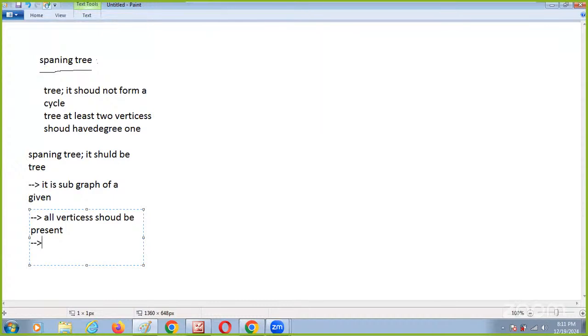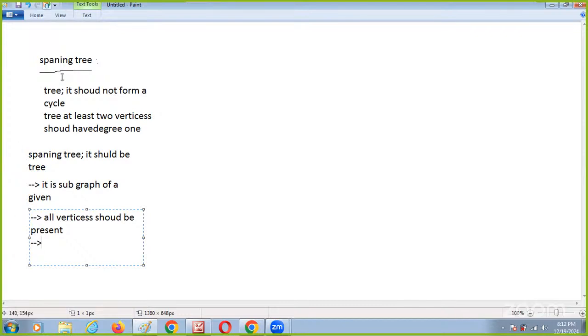All vertices are mandatory, but all edges are not mandatory. You have to construct the graph such that it is a tree. That is called a spanning tree.